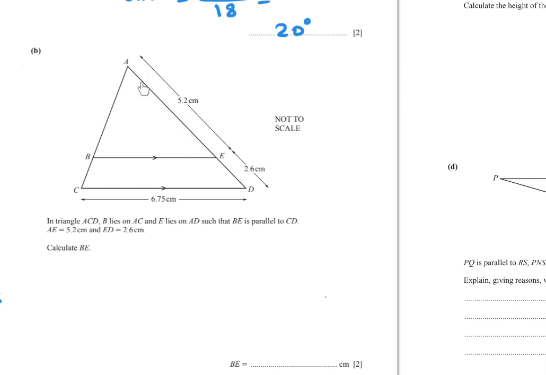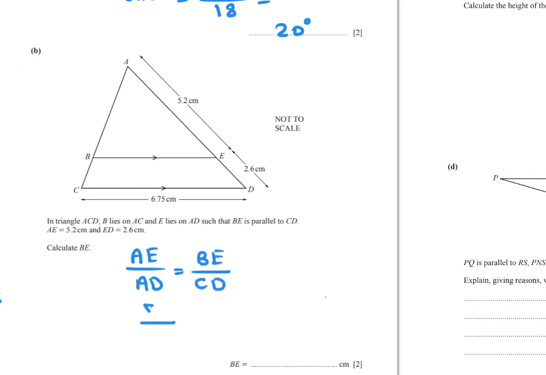If the two triangles are similar, the sides are proportional. This means the ratio between AE and AD is the same as the ratio between BE and CD. So AE over AD is the same as BE over CD.